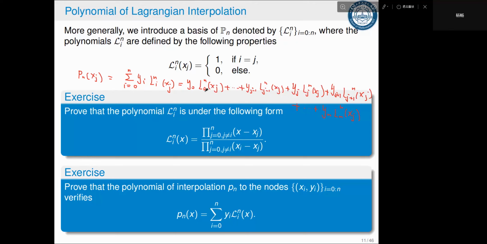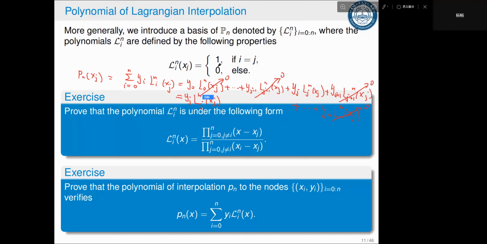You see from this definition, thanks to the property of the basis, if i is not equal to j, you get 0. So all these terms are equal to 0, and all that remains is yj times L_j^n(xj).